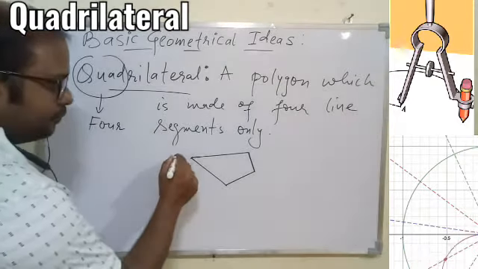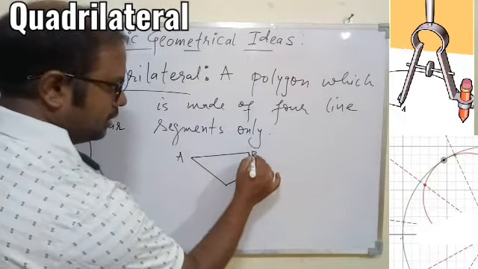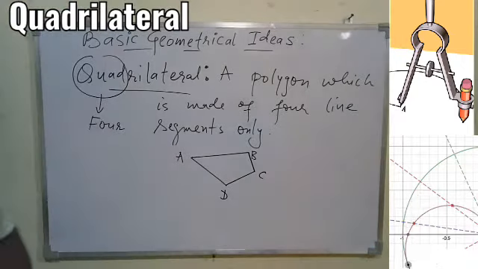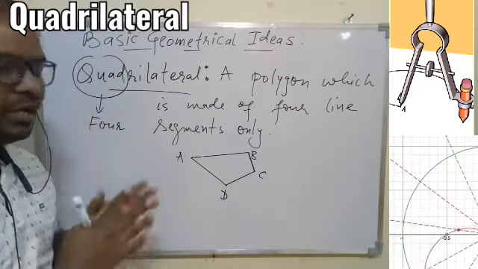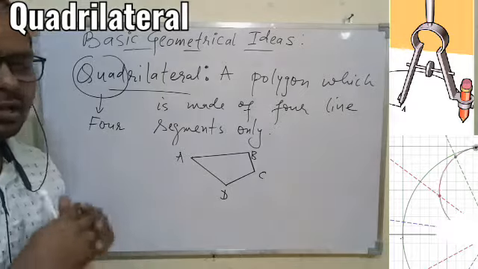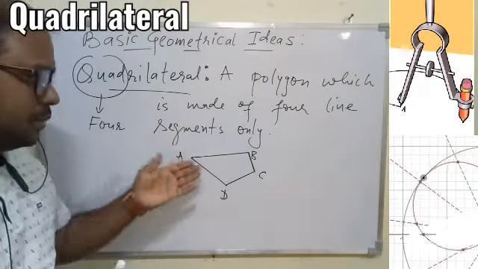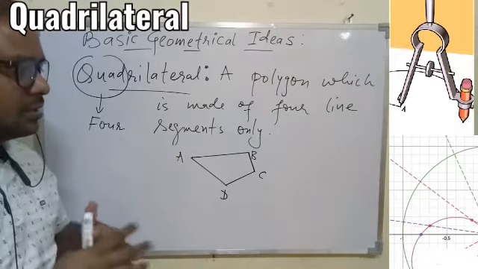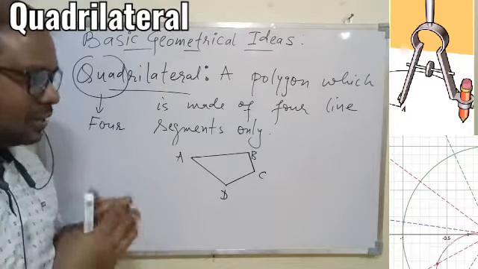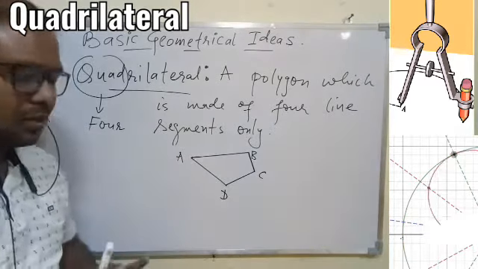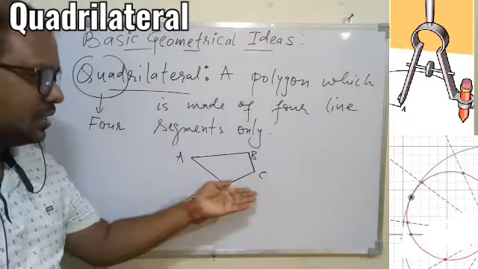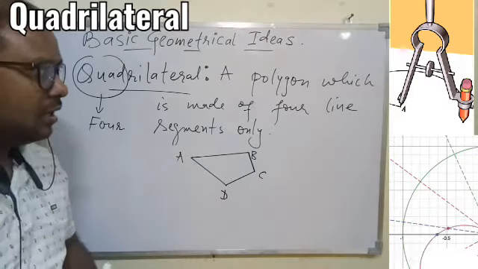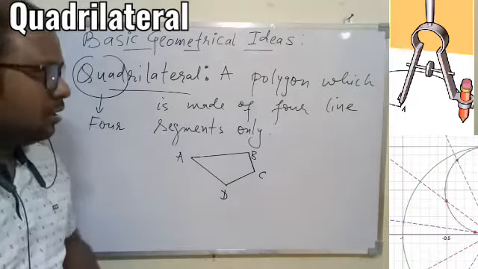Let the names be A, B, C, D. We should always try to follow a sequence, like A, B, C, D or P, Q, R, S. It is easy to understand and explain when it is in sequence. But if I write A, M, C, Q, then it becomes very complicated.